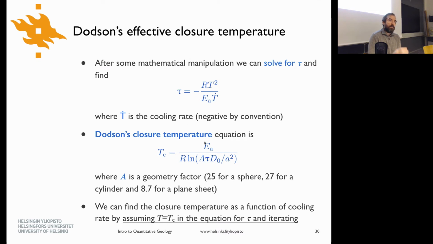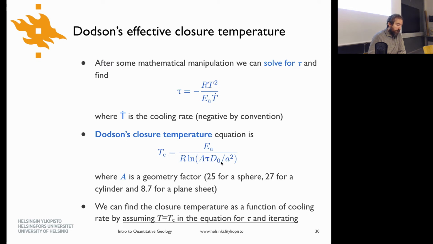This is basically just substituting things into the different equations, and I would encourage you to do that on your own if you're interested, just to see how all the pieces fit together. But what you can see here is that we end up with something where we have Tc, our closure temperature, as a function of the different things we can potentially know for a given mineral system: activation energy, diffusivity at infinite temperature.